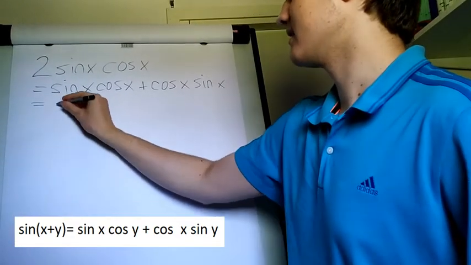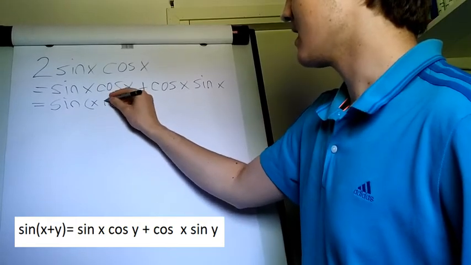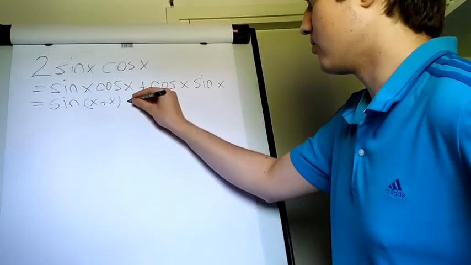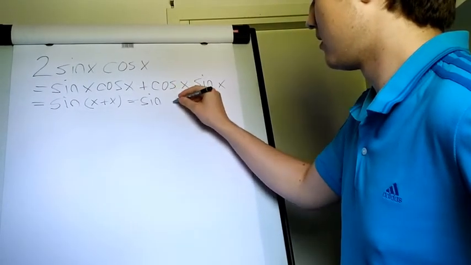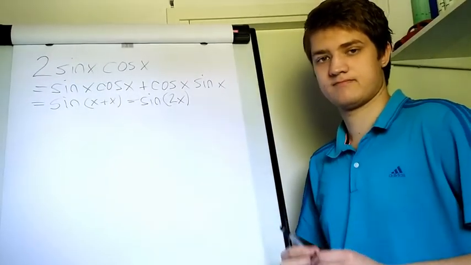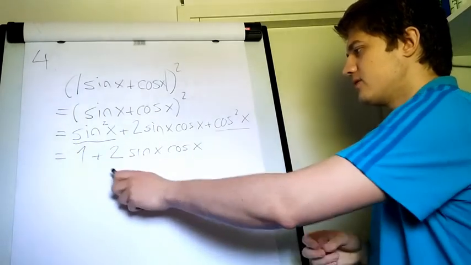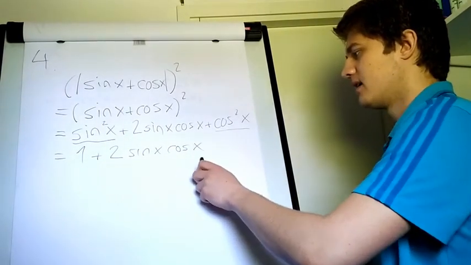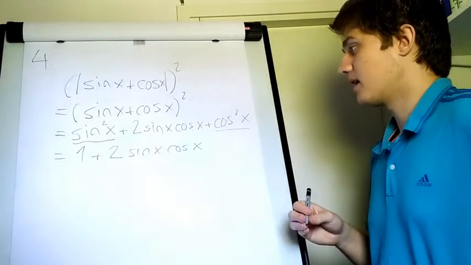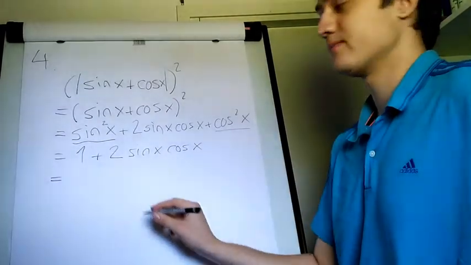So we discover that this equals sine x plus x, which equals sine 2x. And now this 2 sine x cosine x, according to what I explained a bit earlier, equals sine 2x.